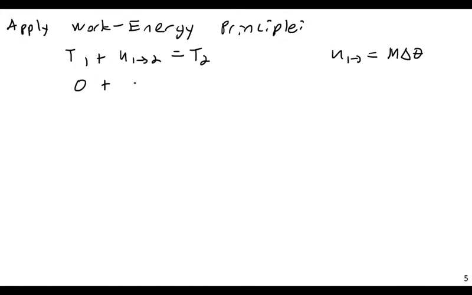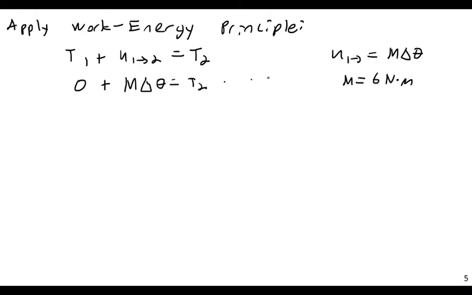I know my M is equal to 6 Newton meters, or 6 joules. Newton meters is obviously the same unit as joules. So M delta theta equals T2.